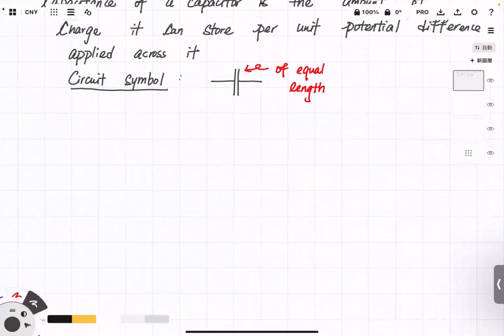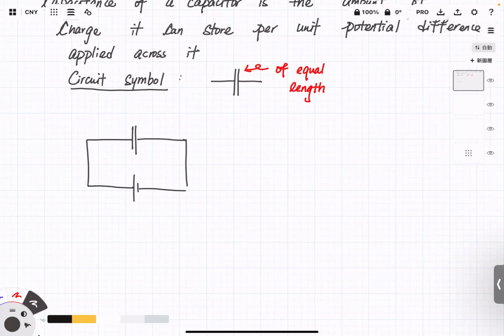So for example, let's say I have a capacitor that is connected to a battery. At first, let's say there will be no charge on the capacitor. But what does the cell do? The cell basically is to provide the EMF to drive current.